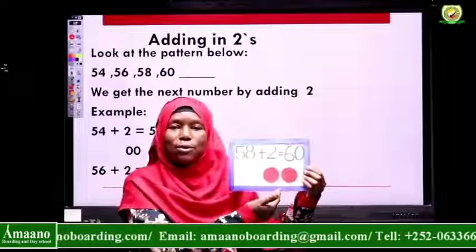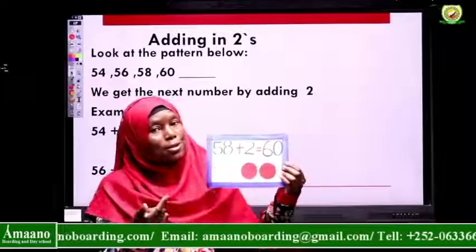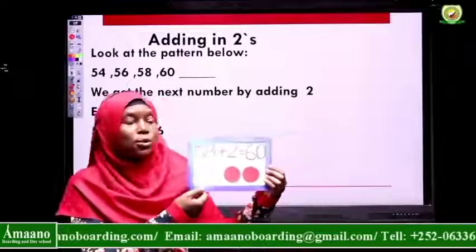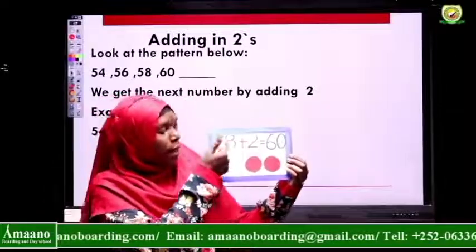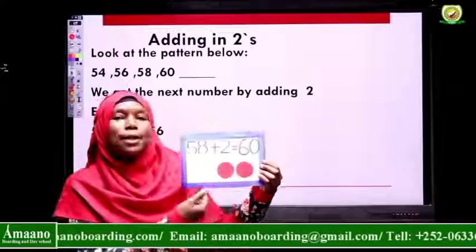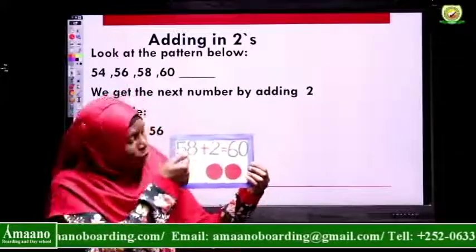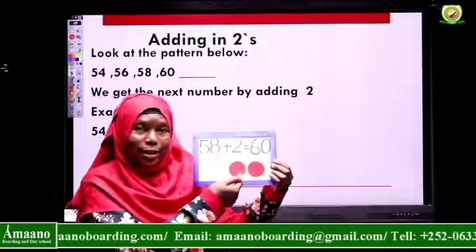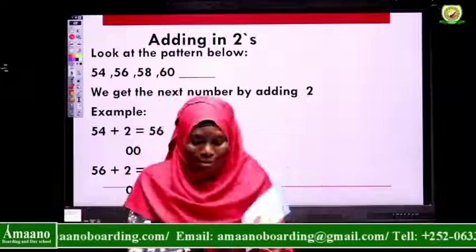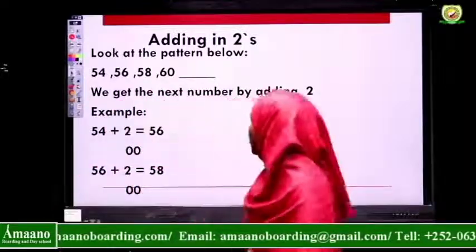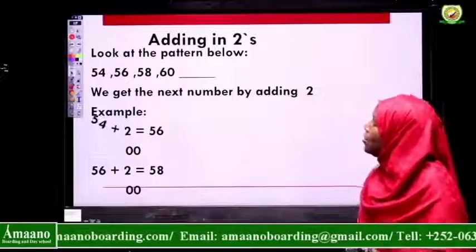We have two circles, so we keep on adding the 2 to 58. Let us continue counting, children. We go 58 and then 59, 60. I repeat again, 58 is here and then we continue counting: 59, 60. That is the last example that we had for our lesson today.